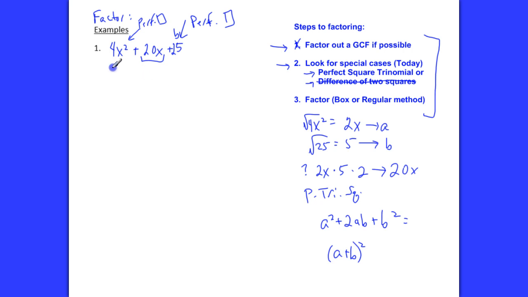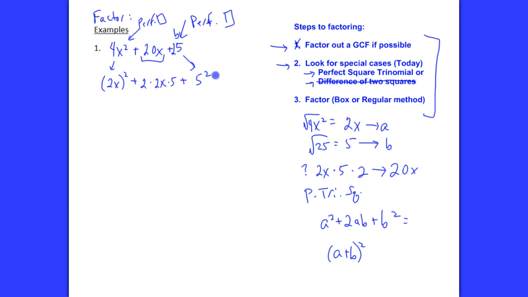All right. Think of it like this. 4x squared is basically the same thing as the quantity 2x squared, plus this is 2 times 2x times 5, plus this is basically 5 squared. So there you can see the pattern. There's a squared plus 2ab plus b squared.